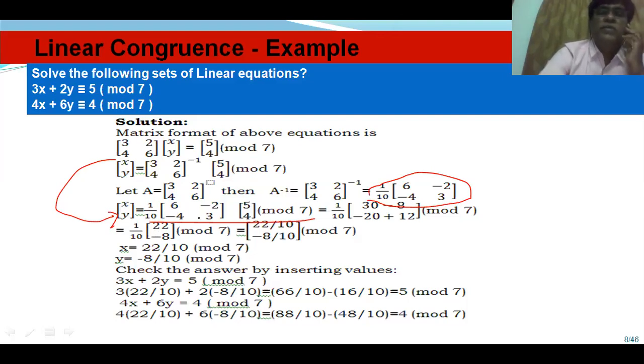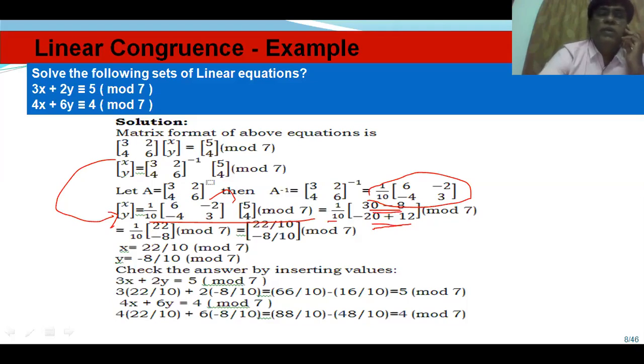Now the x, y values are equal to 1 by 10 times the product of these two matrices, [6, -2; -4, 3] and [5, 4]. If you multiply these two matrices, you get 30 minus 8, which is 22, and minus 20 plus 12, which is minus 8.